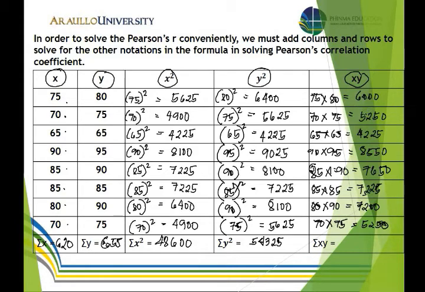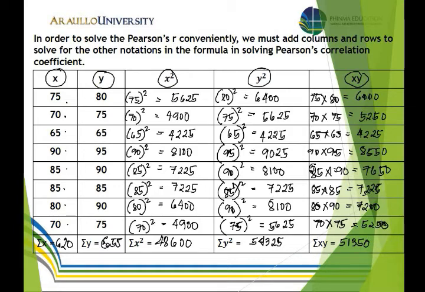Okay, next, summation of xy. So, 6,000 plus 5,250 plus 4,225 plus 8,550 and then plus 7,650 plus 7,225 plus 7,200 plus 5,250 is equal to 51,350.